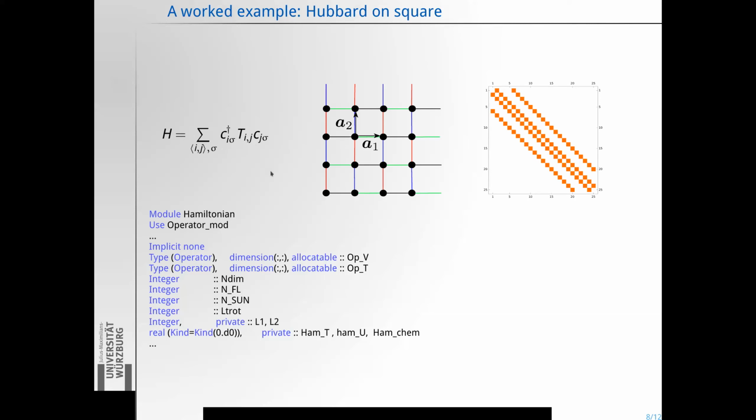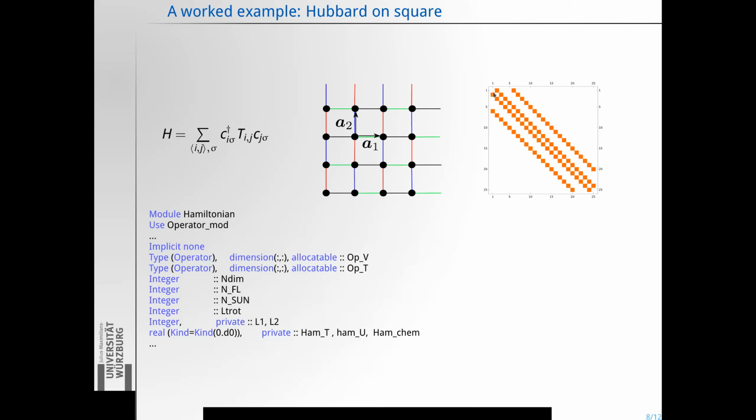The graphical representation of this matrix in a graph-like language would be this. You have a vertex sitting here, which is connected to its nearest neighbors via 4 bonds. And the matrix representation of this graph, the adjacency matrix basically, is given by this.